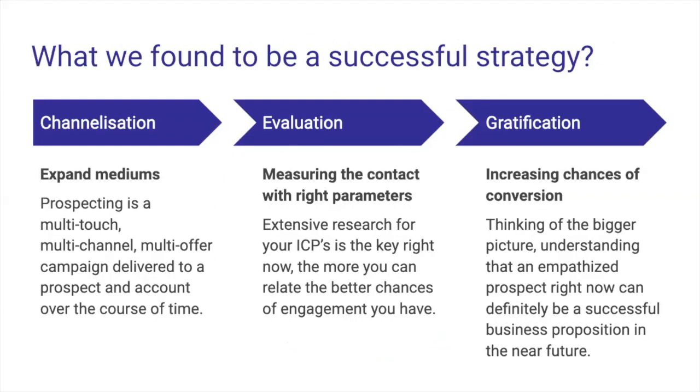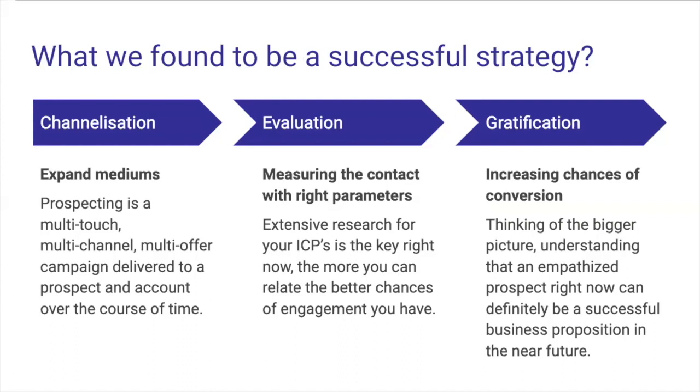Now, here's what we found to be a successful strategy. 3 steps: channelization, evaluation, and gratification. I'll explain these in steps. First is channelization. Now, channelization is where you have to decide what is the best channel for you to communicate with your prospects or with any lead that is coming into your system, right?